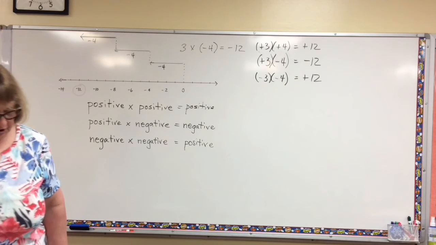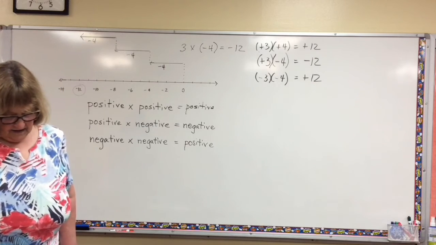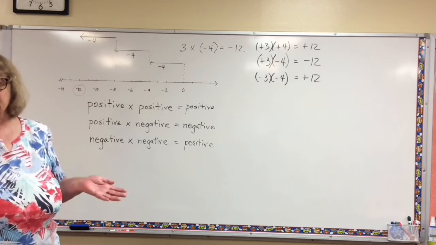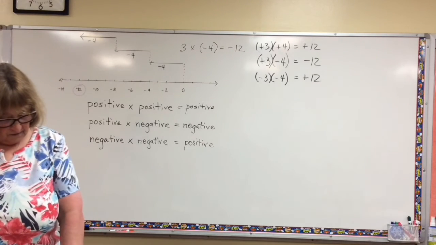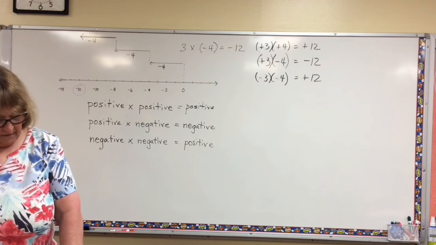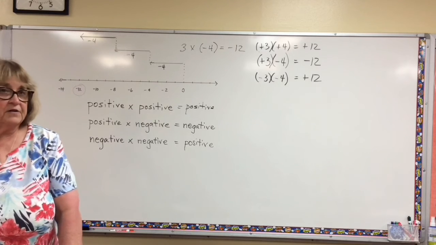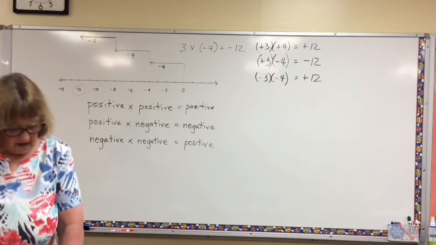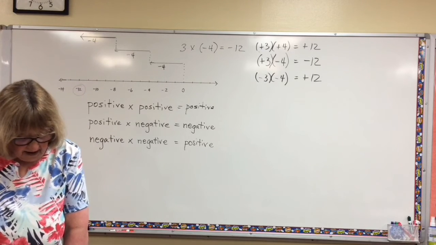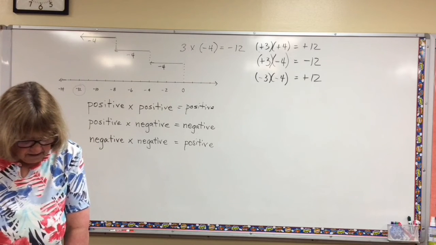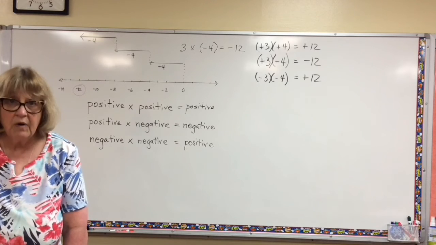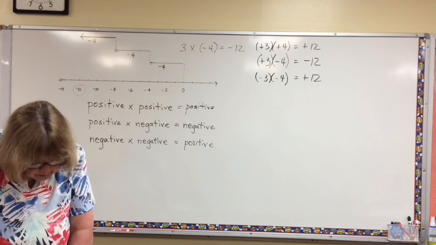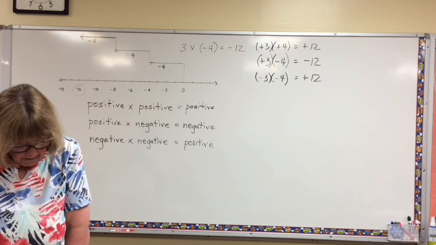So, as you look there at the example that they give you, first of all, on A, positive 8 times positive 4 is 32. They're both positive. B, positive 8 divided by positive 4, excuse me, is 2, sorry. 8 divided by 4 is 2.